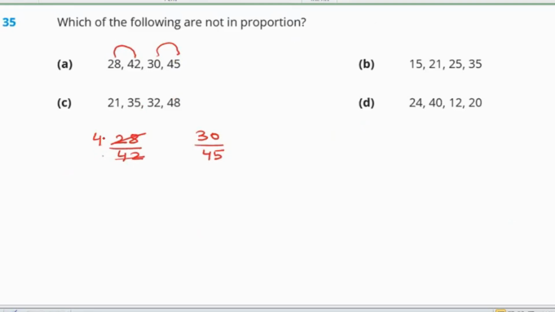Simply we can reduce it by the table of 14 as well, 14 2s are 28, 14 3s are 42. And if we reduce the other, 5 6s are 30 and 5 9s are 45. Again, we can reduce it. So we will be getting what? We will be getting 2 by 3. Okay, so yes, we can say they are in proportion.